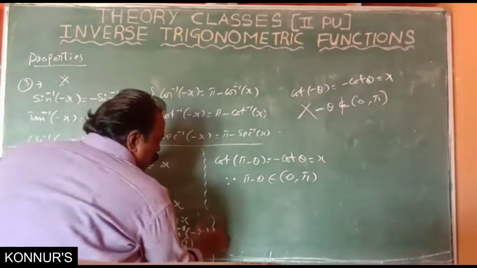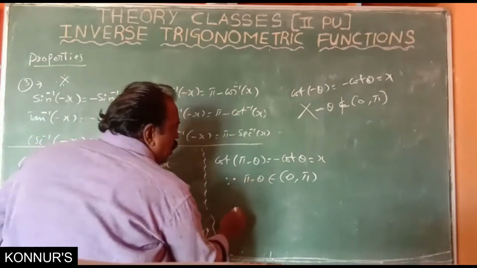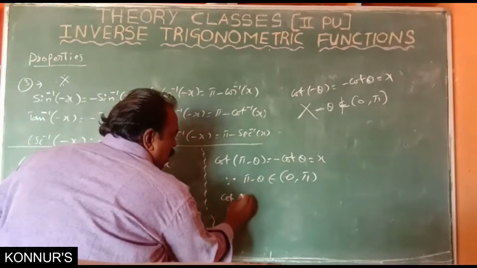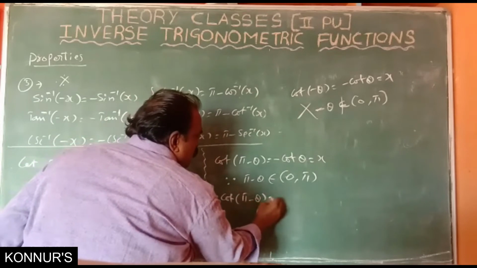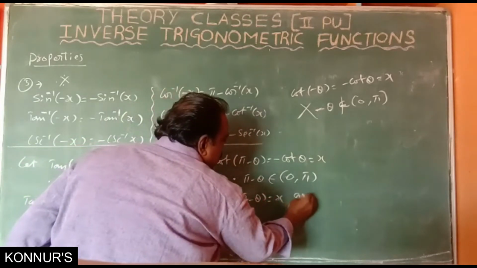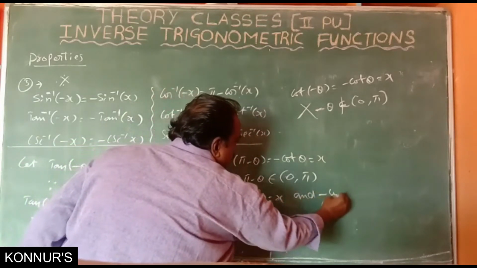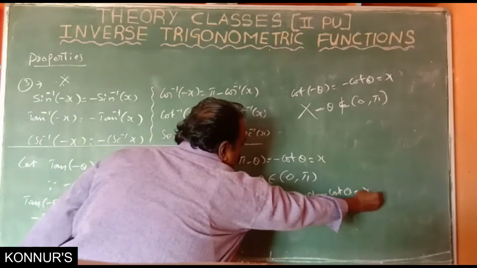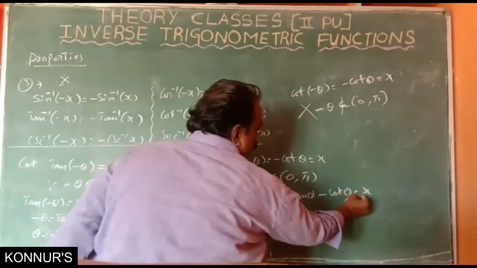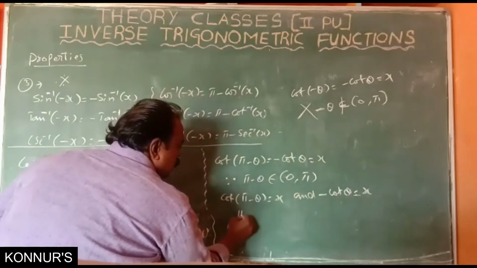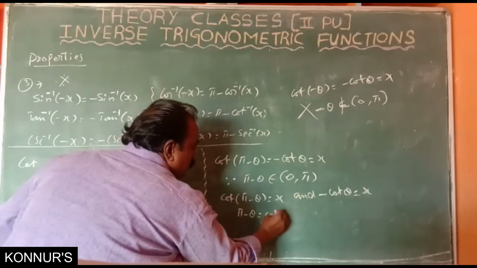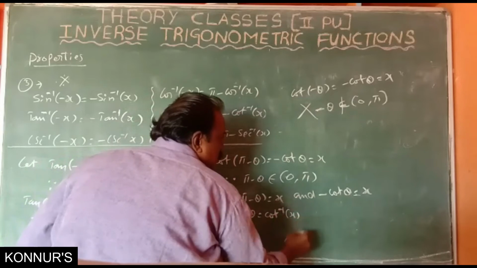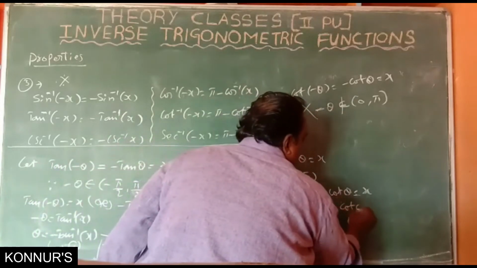Here also, it's clear. Cot of pi minus theta is equal to x and minus cot theta is equal to x. Okay? Here pi minus theta is equal to cot inverse x. Here cot theta is 1.